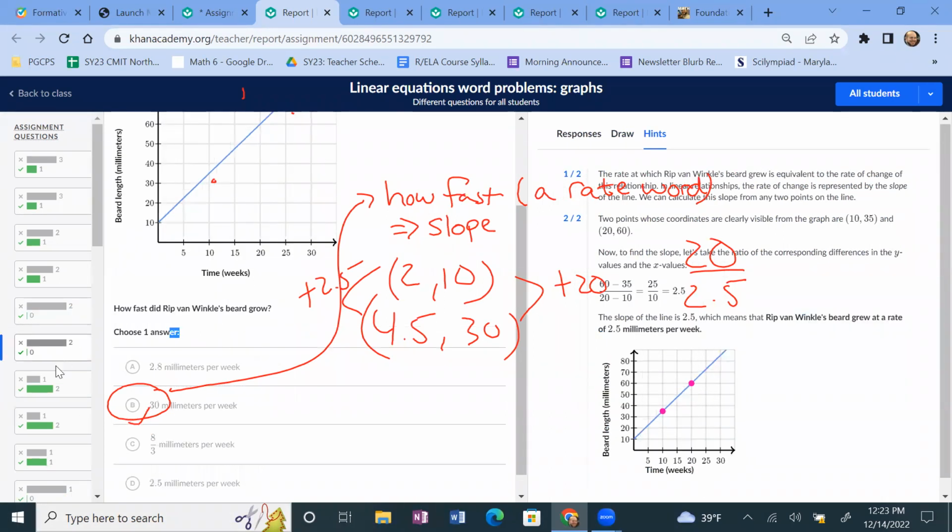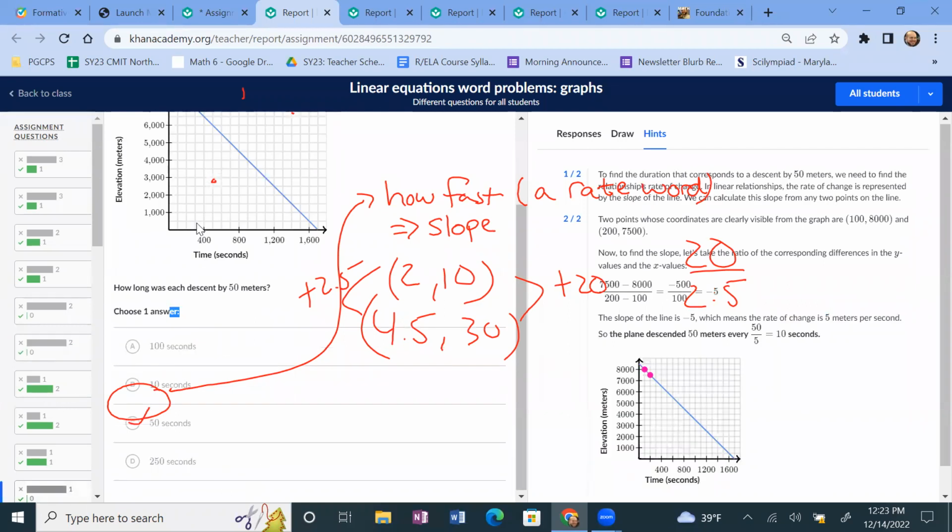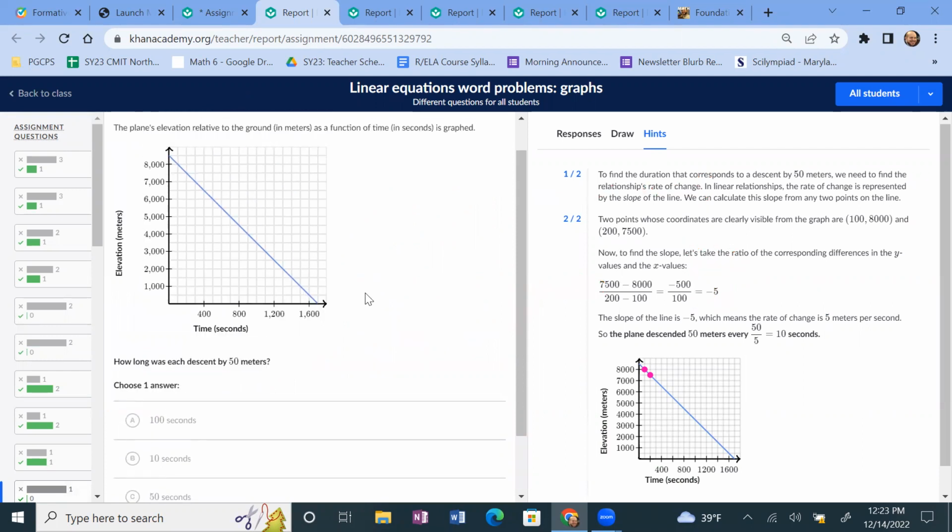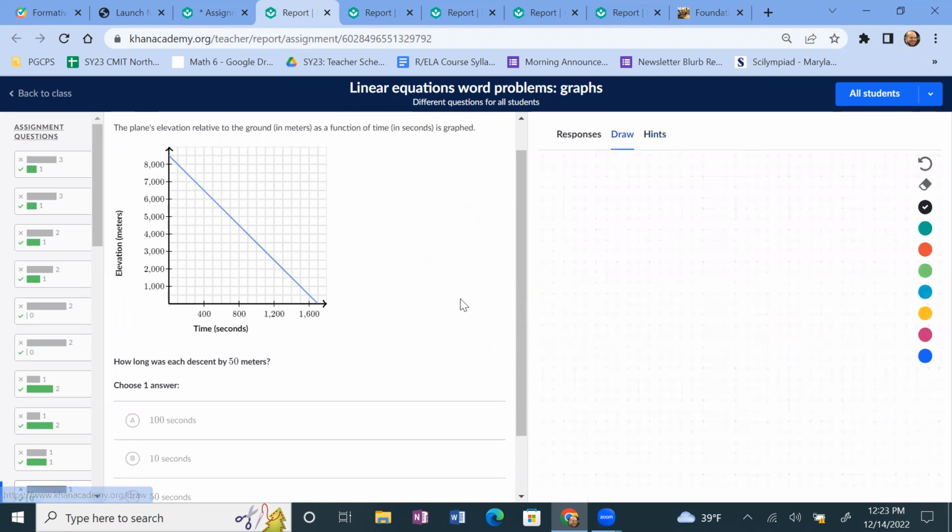How fast did Rip Van Winkle's beard grow? How long was each descent by 50 meters? So let's do this one too. Okay, and we can see there's some cross multiplying going on. So the slope is for 1 unit of change. So let's write that down. Slope, what's the definition?